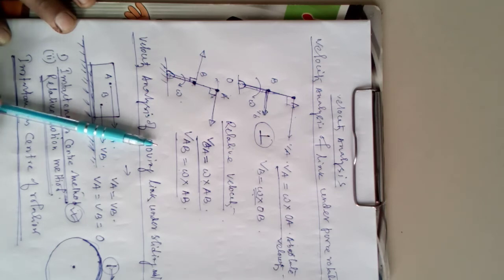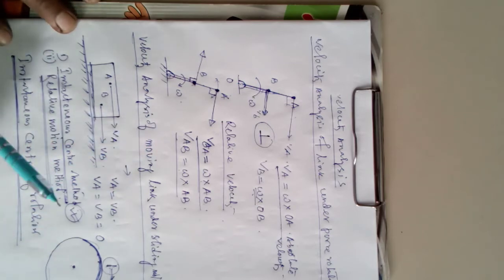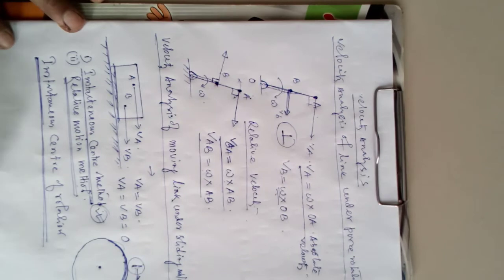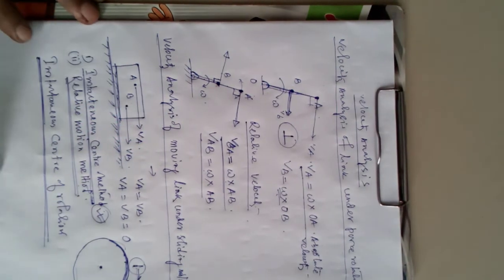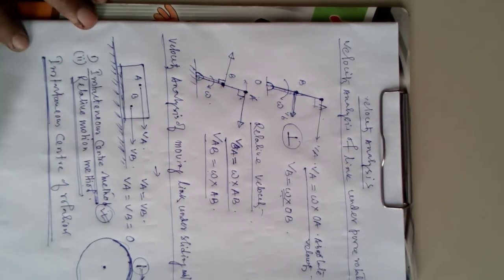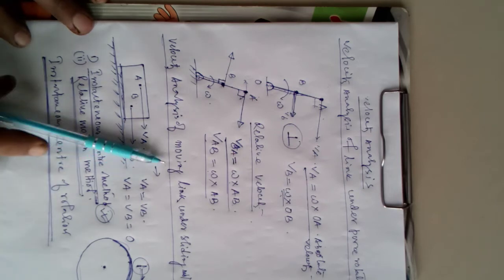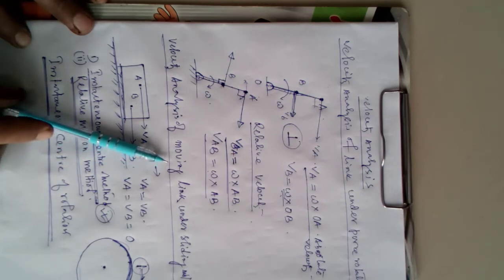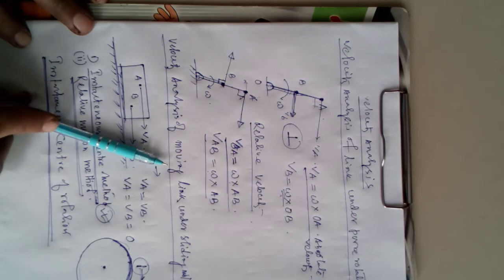That imaginary center or imaginary point is called the instantaneous center. Now we'll give some examples. The instantaneous center changes with the change of the position of the link.